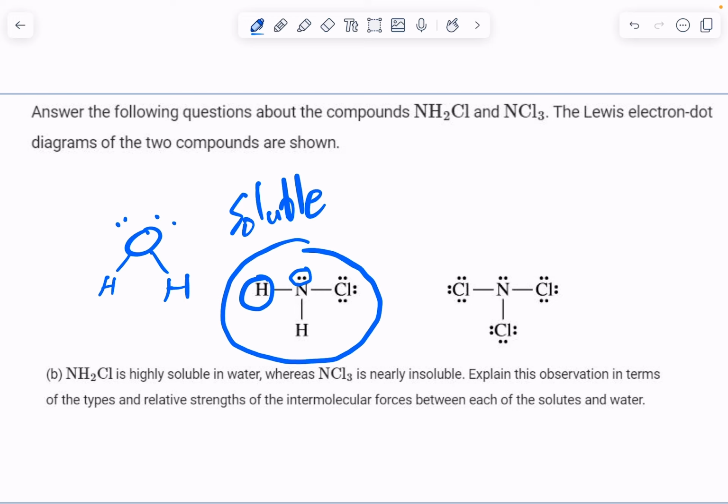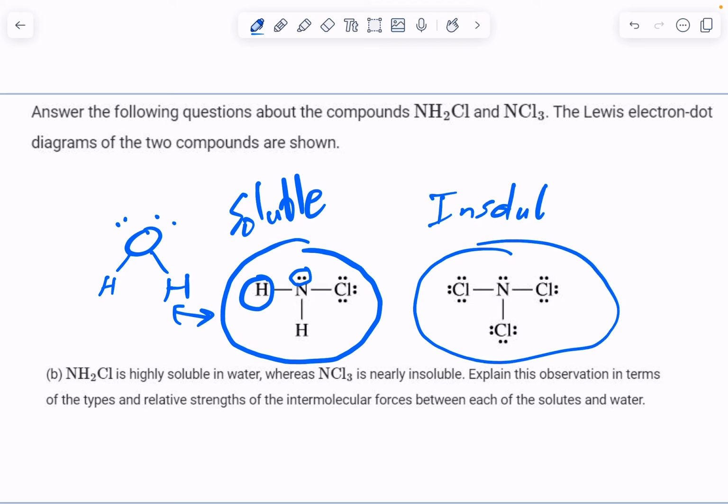So right here, we can see that because they both have hydrogen bonding capabilities, they've got relatively similar strengths of intermolecular forces. Whereas here, NCl3 is insoluble with water because it is nonpolar.